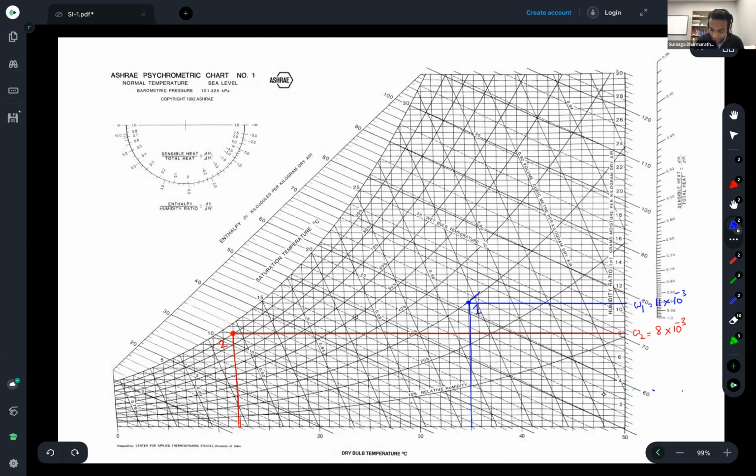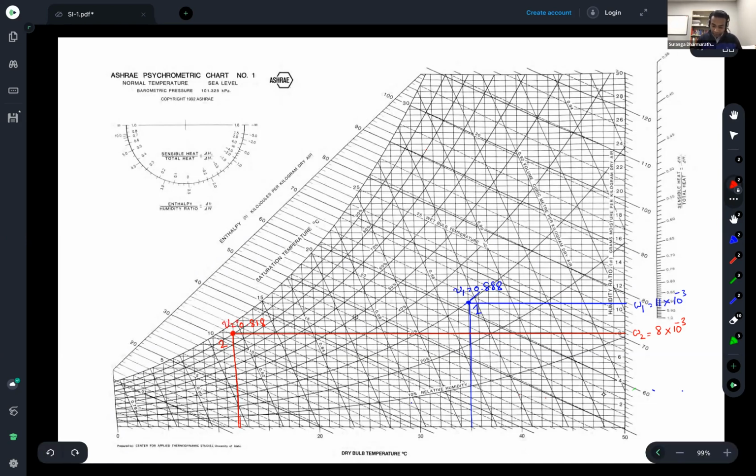So let's say V1 is equal to 0.888. And then I can find V2. This is 0.81, 0.818. So 0.818, that is V2.